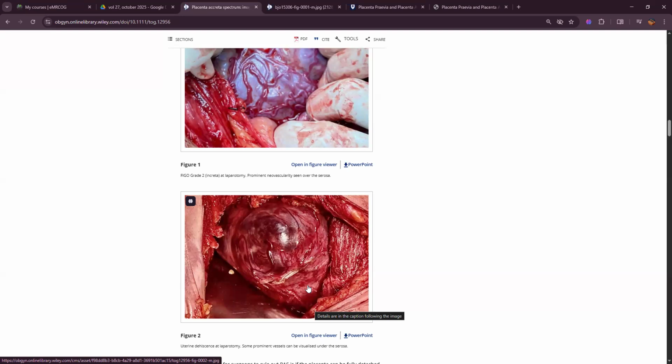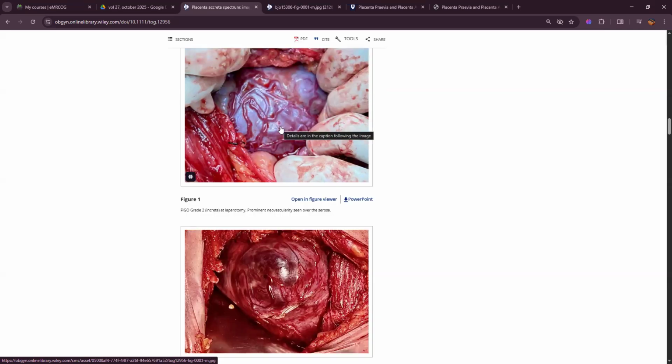Okay, so this one is what? At least increta. When the placenta is encroaching up to the serosa, this is increta. If you have evidence that it invades the bladder, this is percreta.